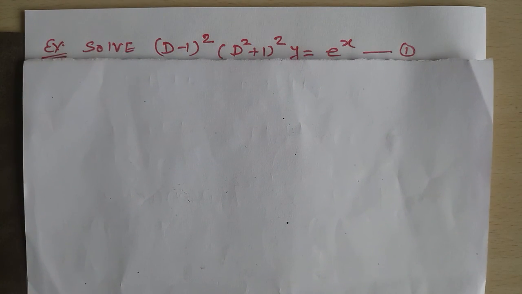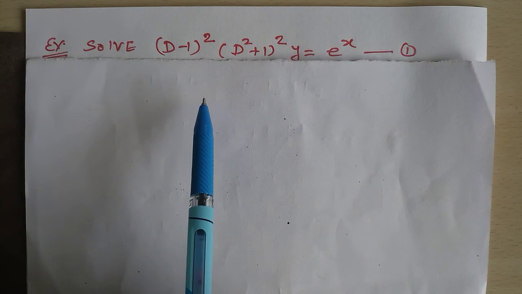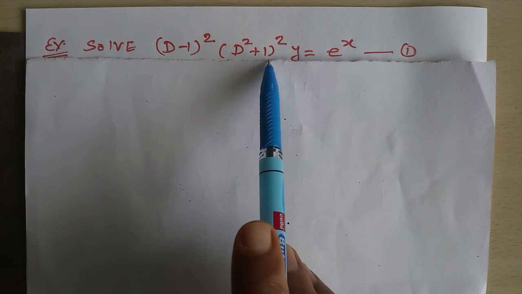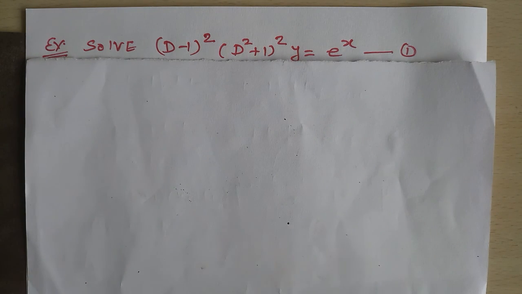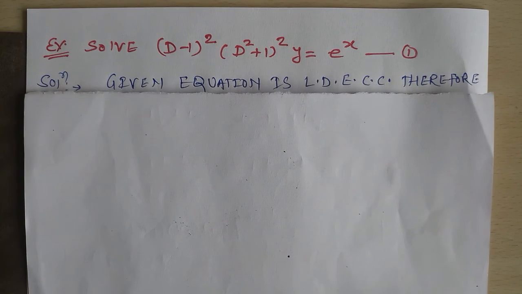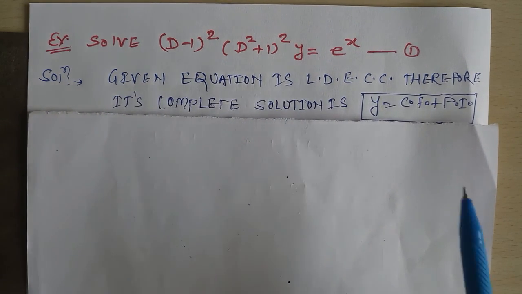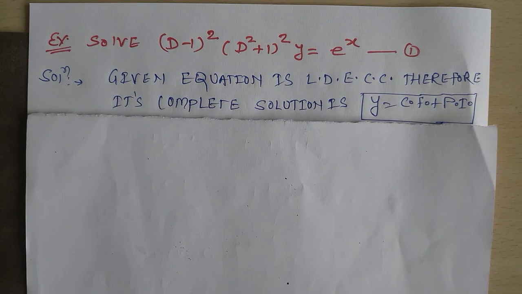And the next example is: solve (D minus 1) whole square into (D square plus 1) whole square y is equal to e raised to x. So this is clearly a linear differential equation with constant coefficients, and therefore its complete solution is y equal to CF plus PI.